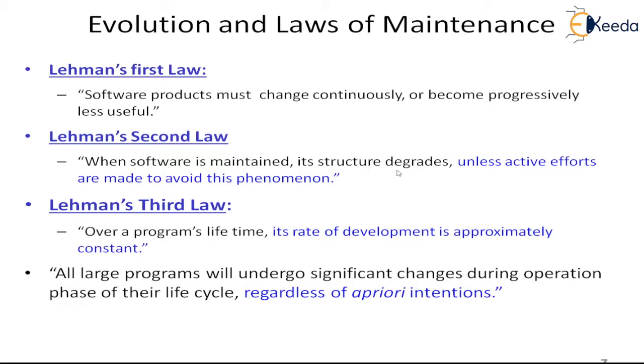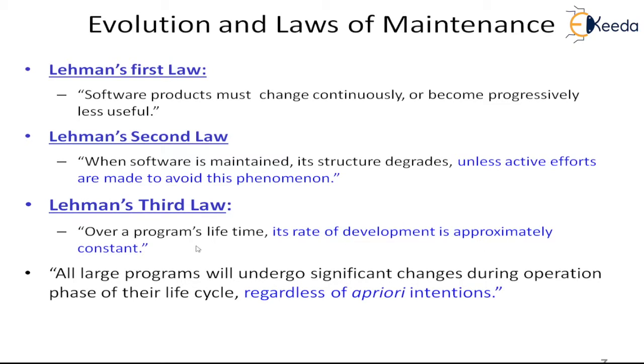So therefore, what will happen? They cannot give enough importance to maintaining the structure, documents, and a lot of things. So somewhere it will degrade, and unless there is some active effort, that means some kind of re-engineering done once in a while, it will be very difficult to avoid this phenomenon of degrading.